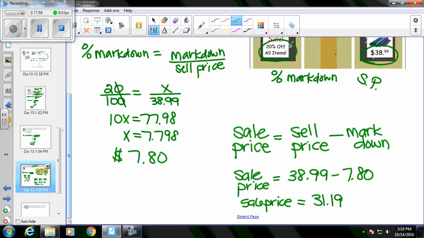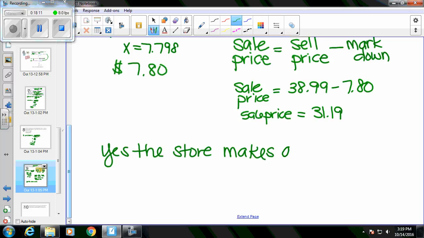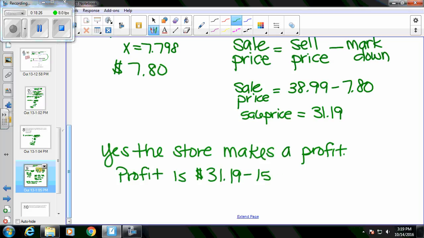Did I answer their question? Does the store still make a profit? Yes, the store makes a profit. The profit is $31.19 minus 15 is $16.19. The profit is how much I sold it for minus how much I paid for it, the cost. So I'm still making $16.19 on each yoga mat.